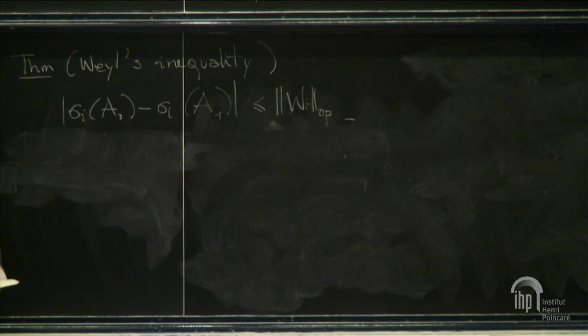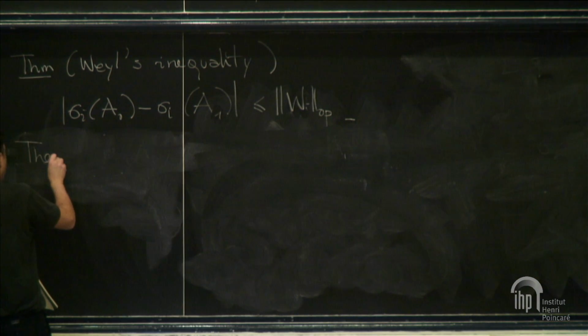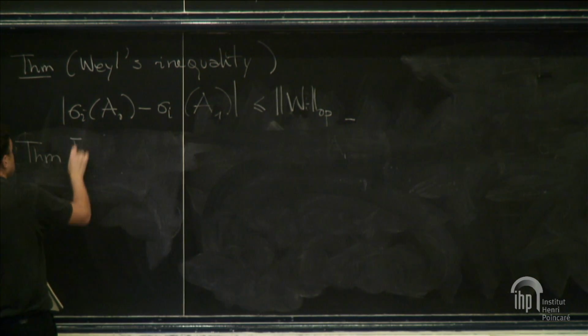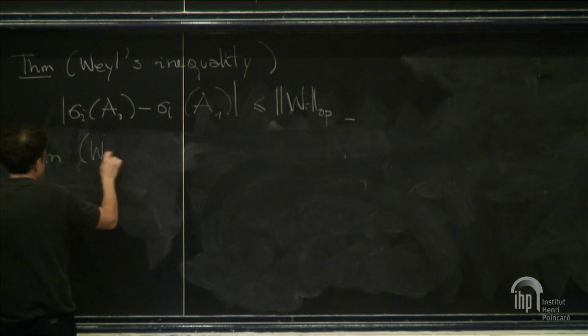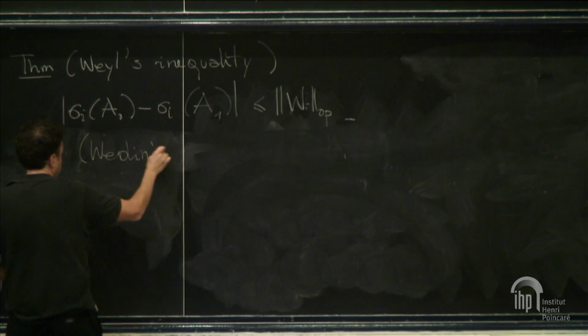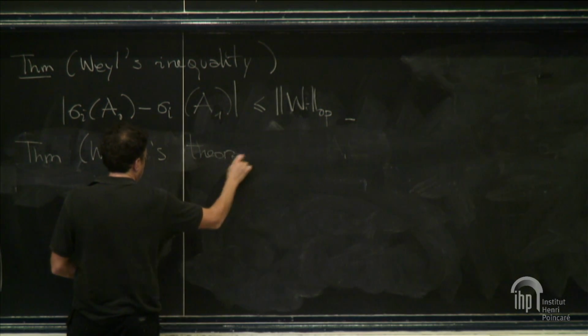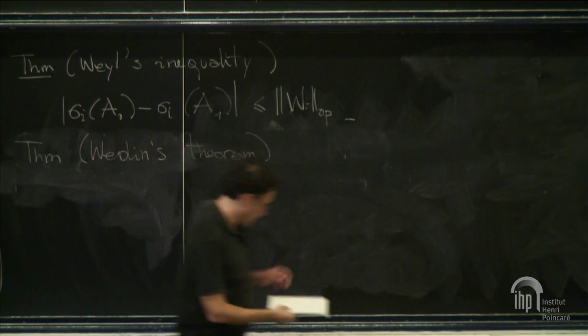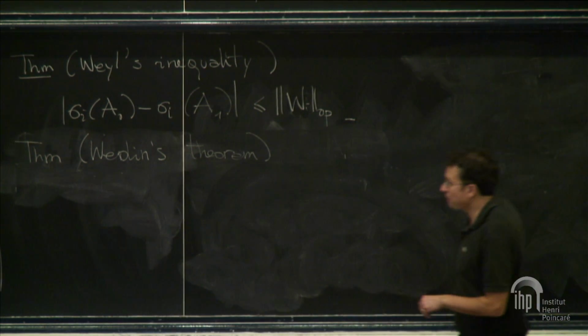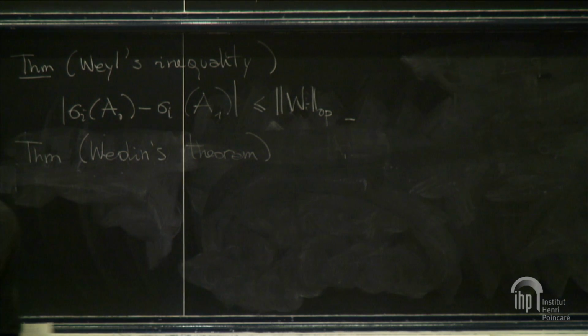There are lots of results in this field, but the theorem that I'll state, and this is the most used in this area, is Wedin's theorem. Wedin's theorem is about not singular vectors, but singular spaces, the space spanned by the top k singular vectors. Why singular spaces and not singular vectors? Because singular vectors can be more sensitive to noise, so we look at whole bunches of them, whole singular spaces.